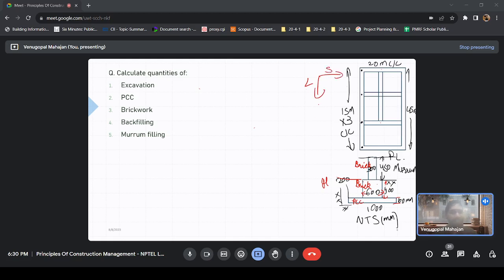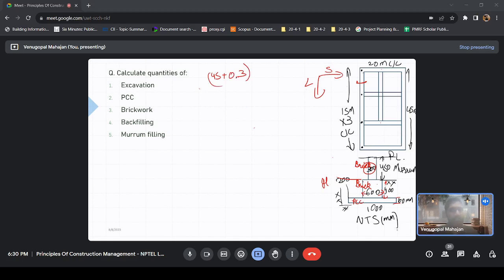So all the walls in this direction would be long walls. Let's calculate. For this wall, what would be the dimension? Center to center is 45, plus the width of 0.3, so 45.3.